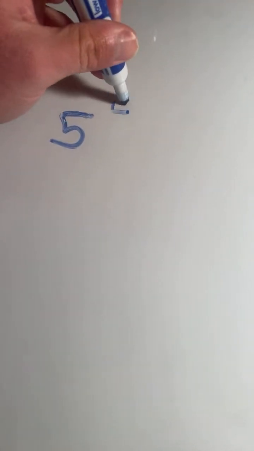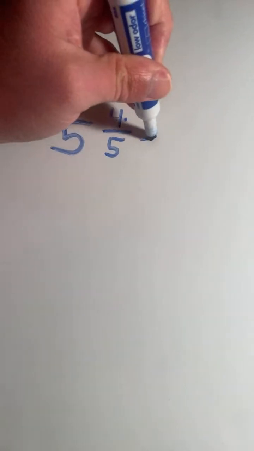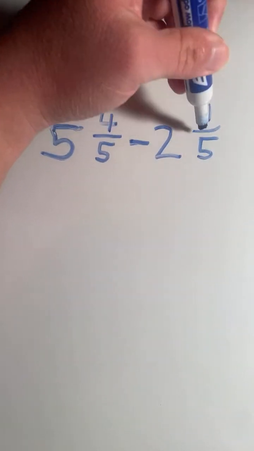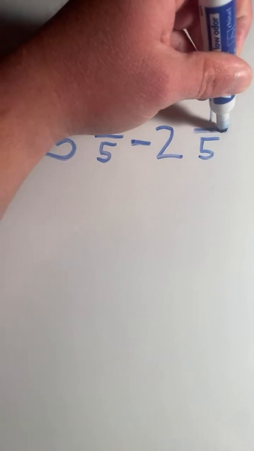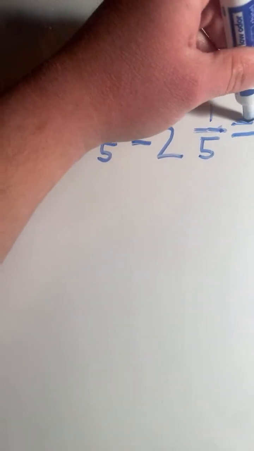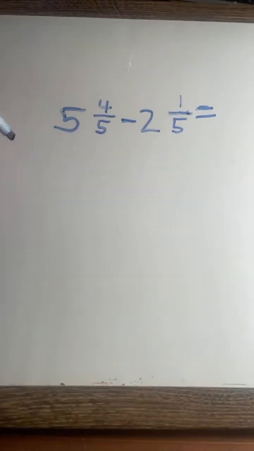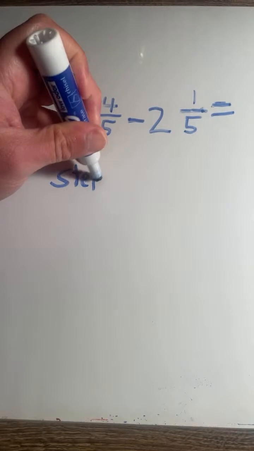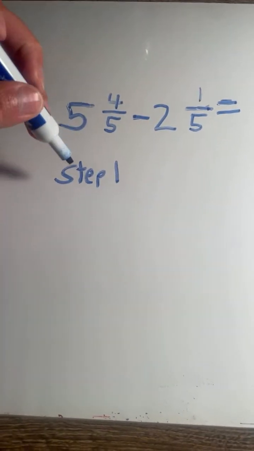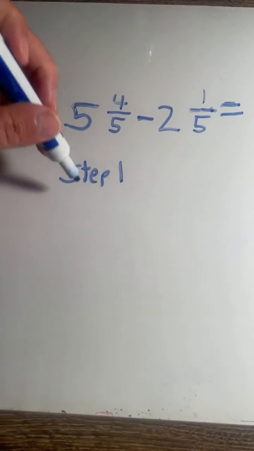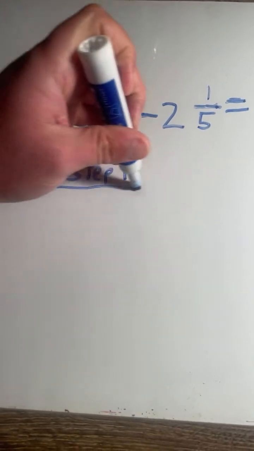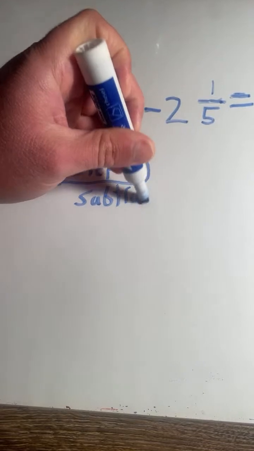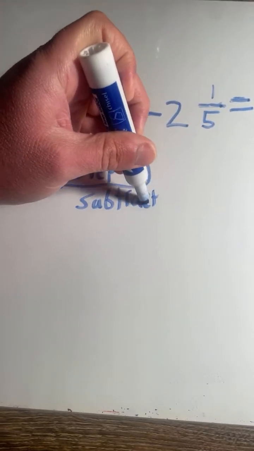All right, so 5 and 4/5 minus 2 and 1/5. So step 1, I'm actually going to write out the steps here. Step 1, we subtract the whole numbers.